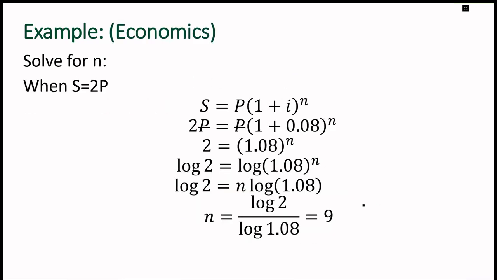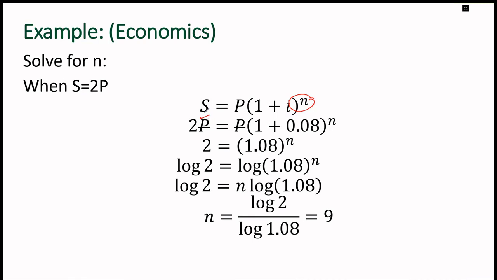An application of the logarithm in economics is this one, when we want to get the value of n, the period. We have S, the sum, equal to P, the principal, times 1 plus i to the power of n.